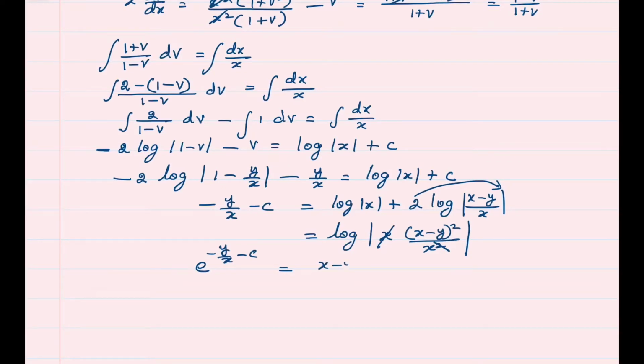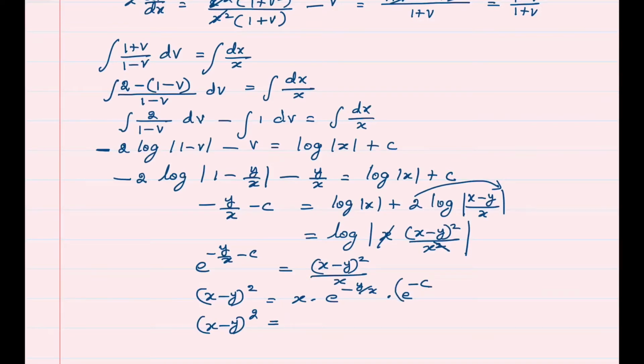We get (x minus y) the whole square over x. (x minus y) the whole square is x times e raised to minus y by x times e raised to minus c. e raised to minus c is a constant. I can write it as some other constant a times x e power minus y by x.